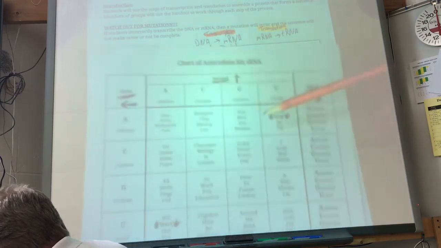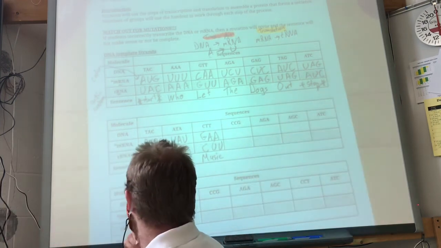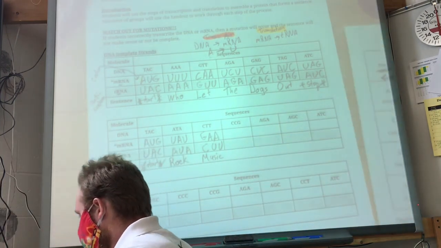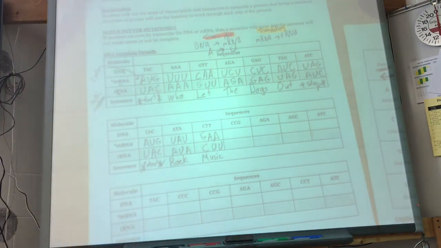CUU says music. Okay? Now I'm going to pause there, and if you did not get start rock music, please let me know, because before you walk out of here, I want to make sure we're all on that same page.